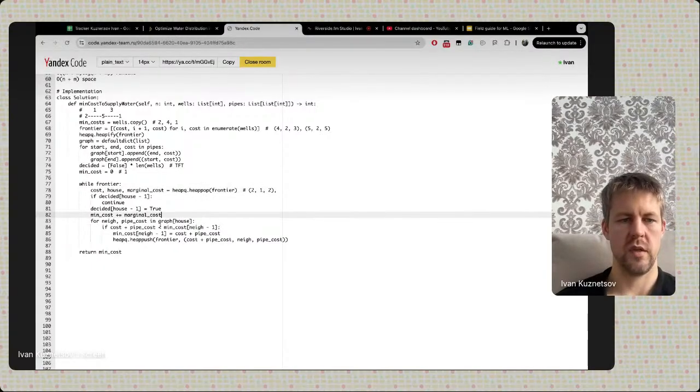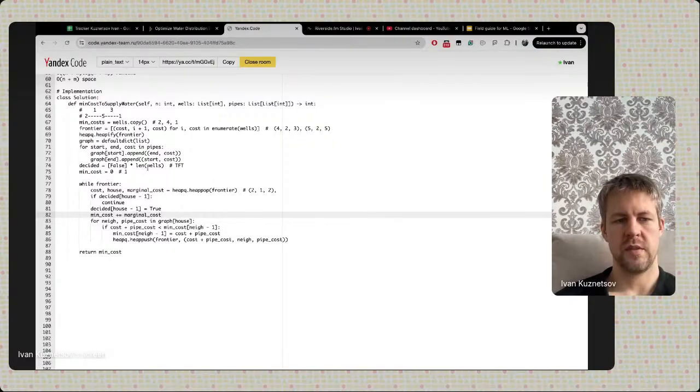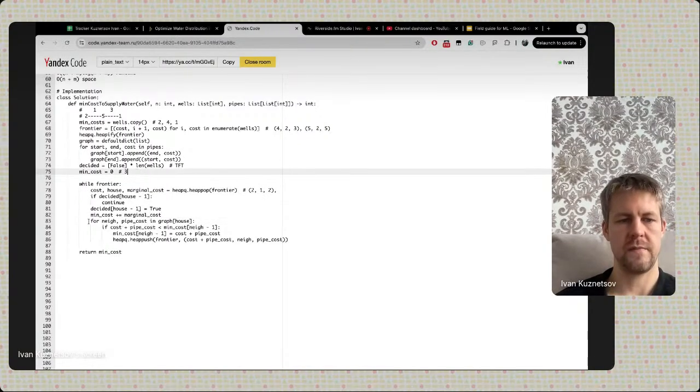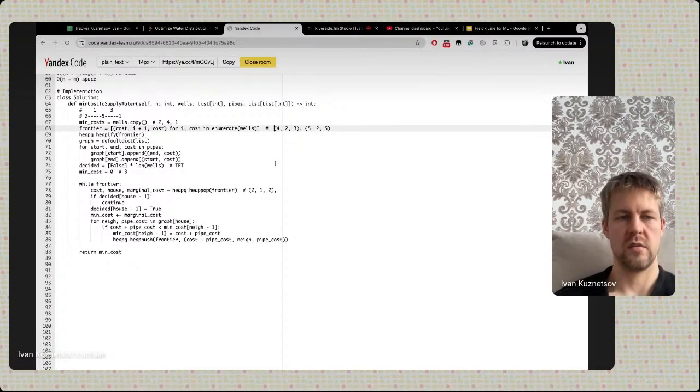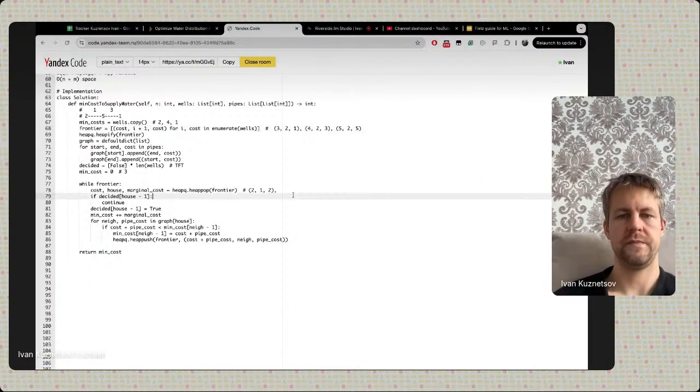We have built a well here, and min cost plus or equal marginal cost, which will be 2, so total is 3. And then for neighbor, which is just one neighbor, and it's again smaller cost, so 3 to get to the house 2 at the marginal cost of 1.